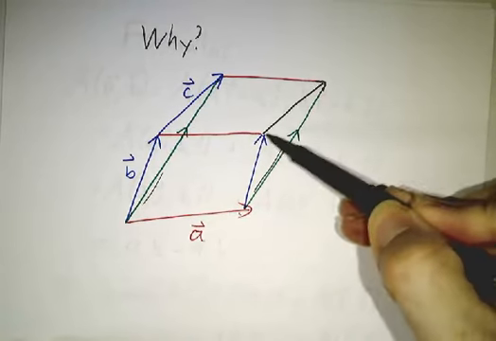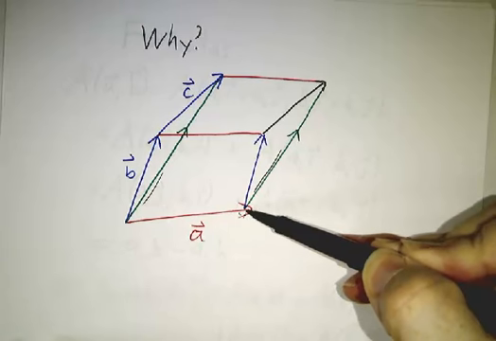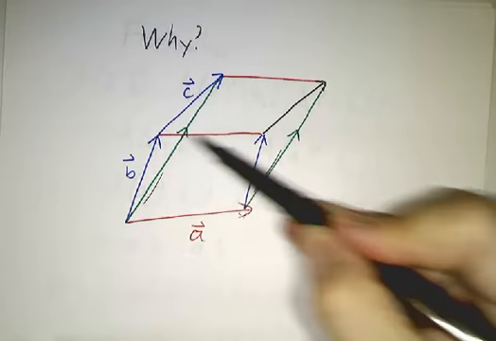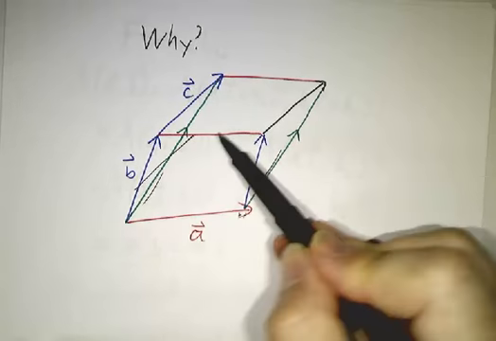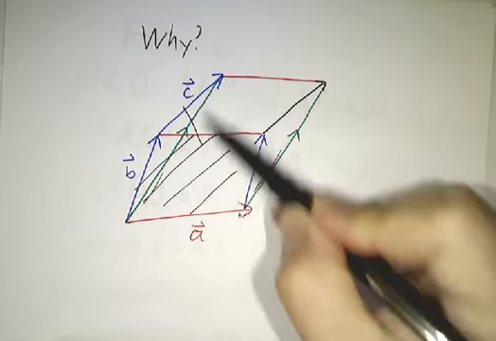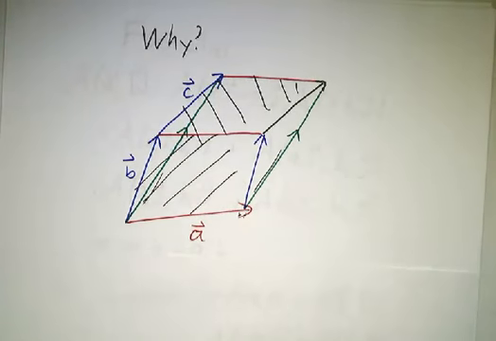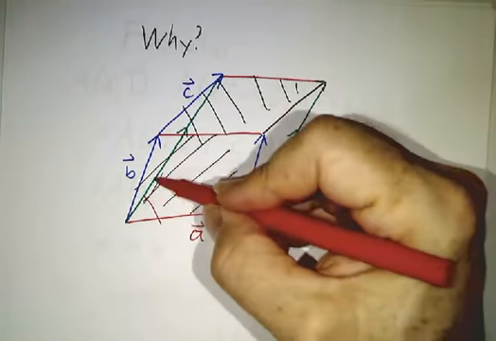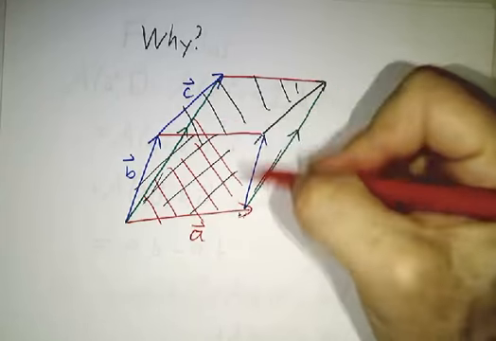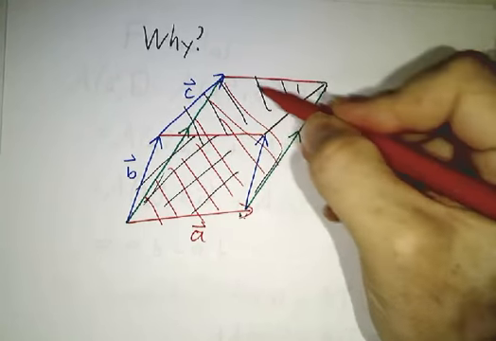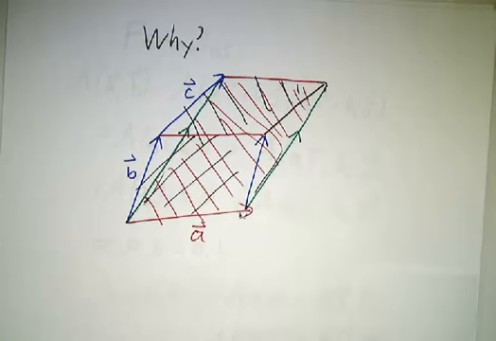Those two triangles are congruent. They have the same areas. So this area plus this area is the same as this area. So what happens when you put in B plus what happens when you put in C gives you what happens when you put in B plus C.